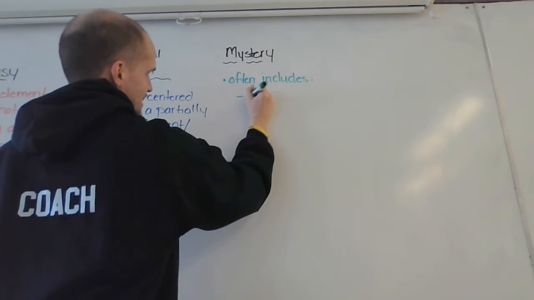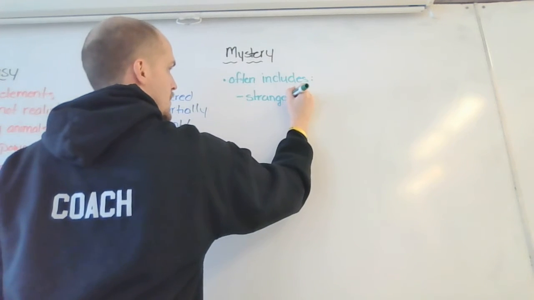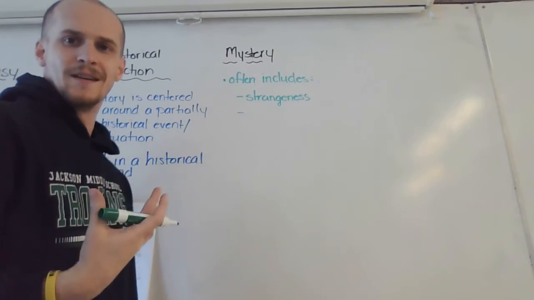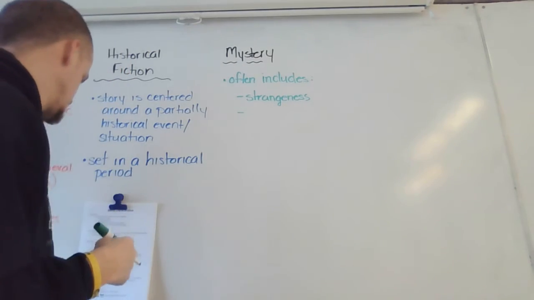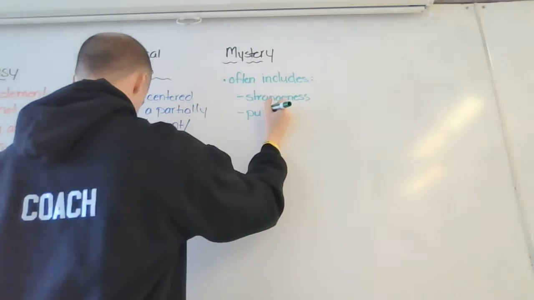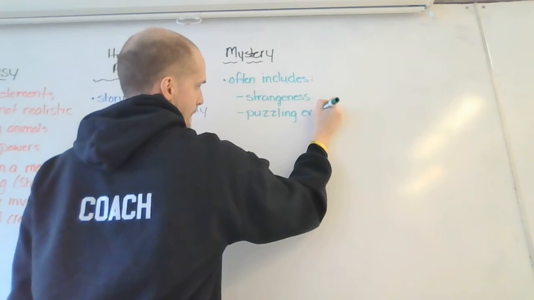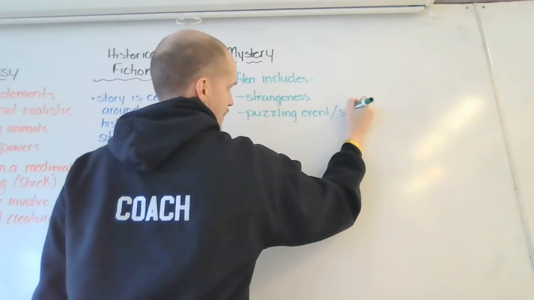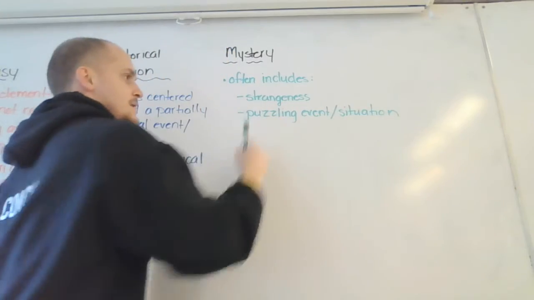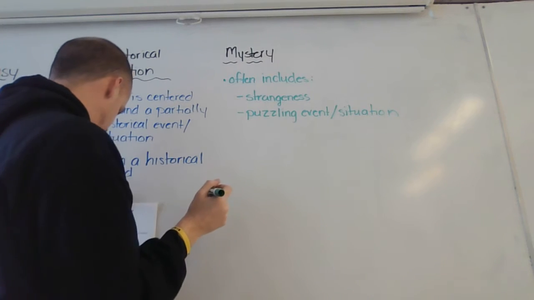A level of strangeness, something's going on, it's creating a strange mood or tone, a puzzling event or situation. This is oftentimes what the story is being built around, whatever that puzzling event or situation was.